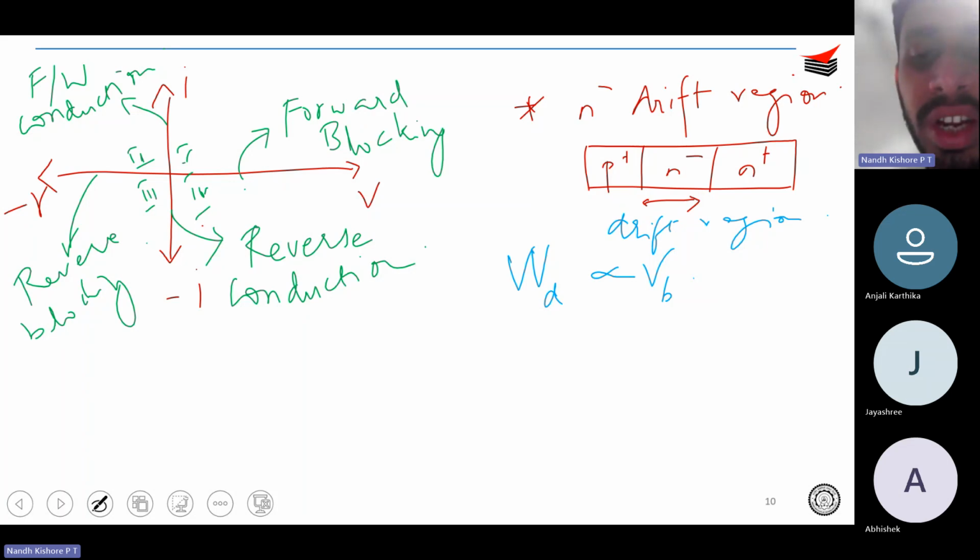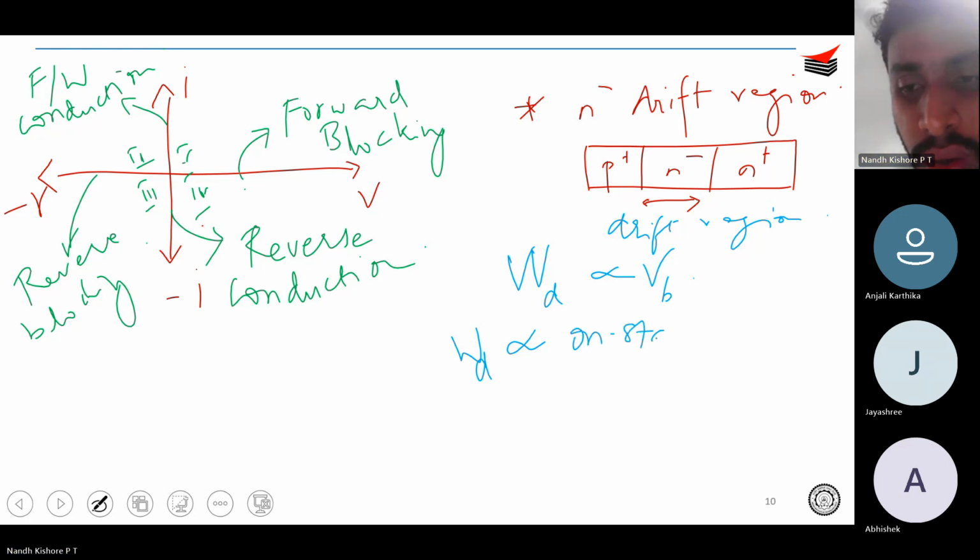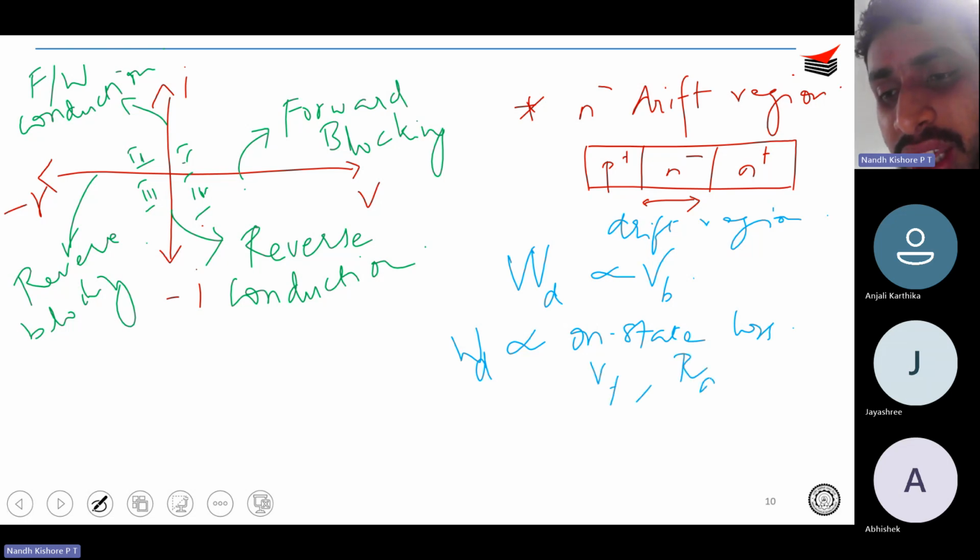However, one drawback is that the width of the drift region also influences your on-state loss. That is, whatever is the forward voltage drop or the RDS on of the MOSFET, all of these will increase with the width of the drift region. So you cannot use a 1200 volt MOSFET for a 100 volt application.